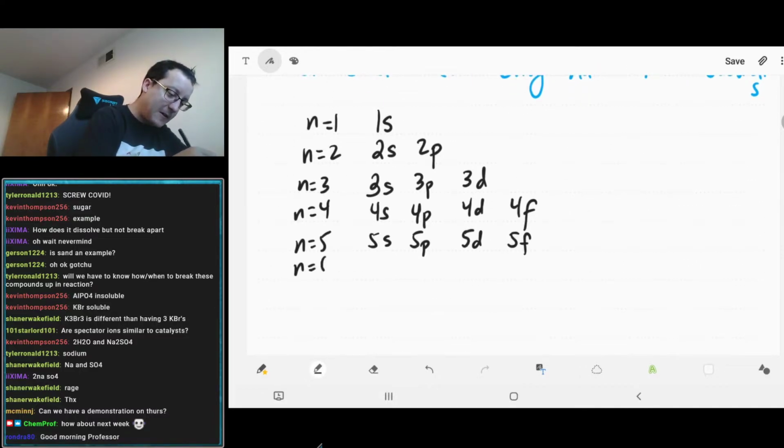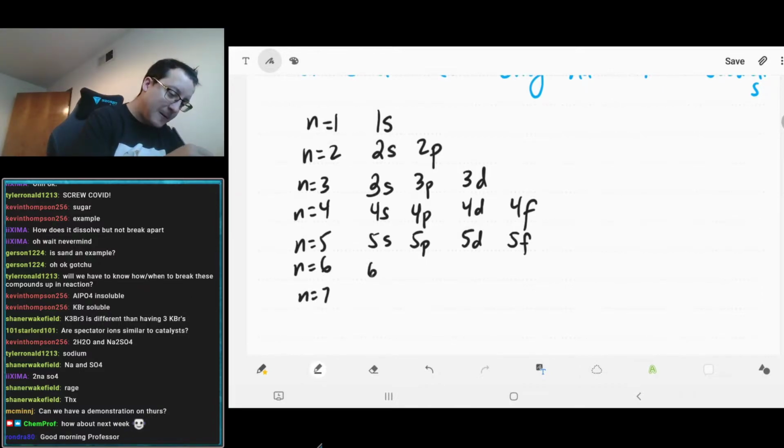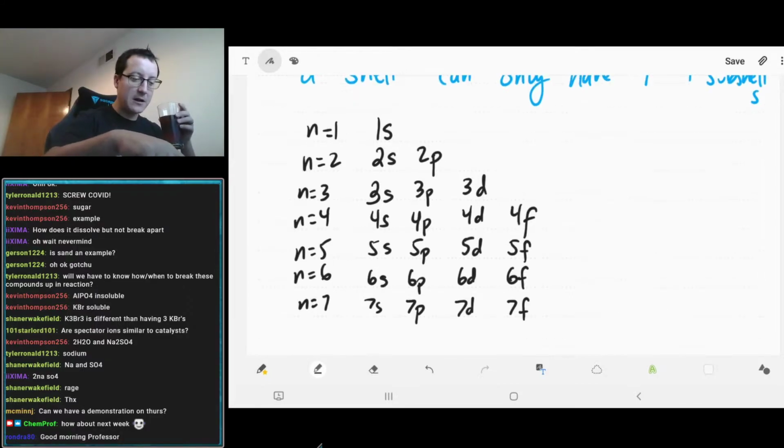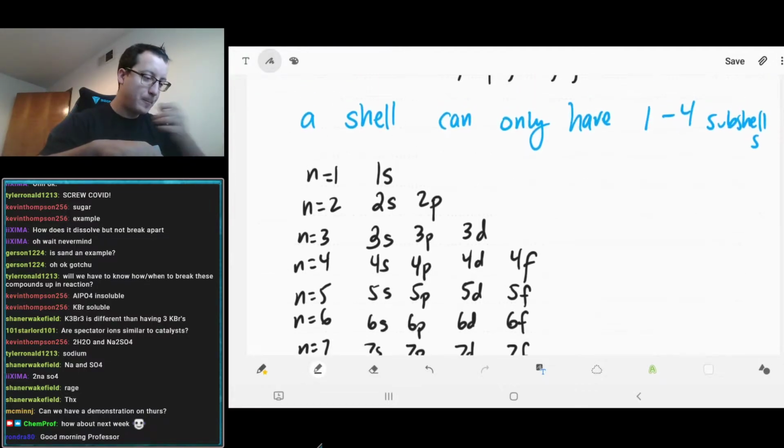And then, just so you know, there's only 7 possible shells. Oh my goodness, 6f, and then 7s, 7p, 7d, 7f. Yikes. Okay. I'll tell you right now, some of these don't exist, but we'll worry about that later. Or rather they exist, they're just not used in ground state atoms, at least.